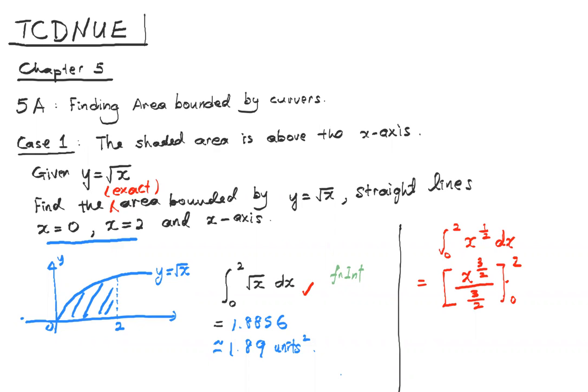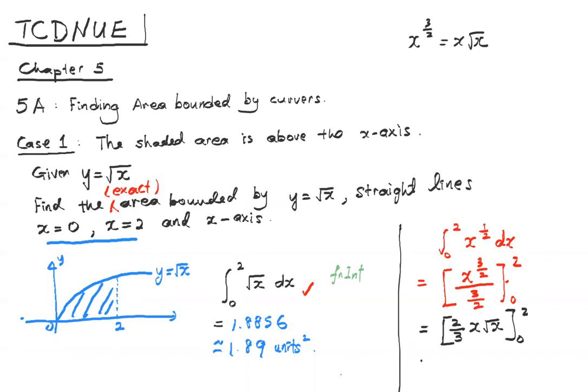You get me? So usually I will tell myself that if I have x to the power of 3 over 2, it means x times root x. Am I right? So I will write this as equal to, so I'm not going to write in red already. So it will be 2 over 3 x root x, 0 to 2.